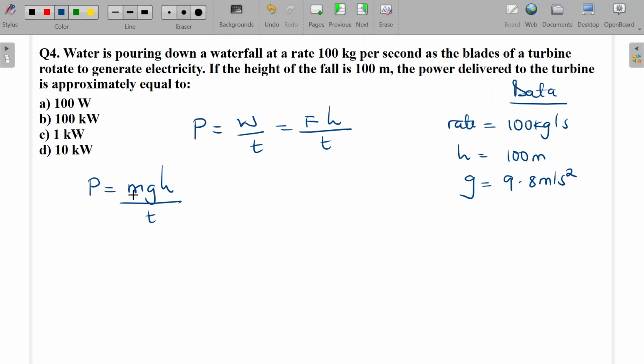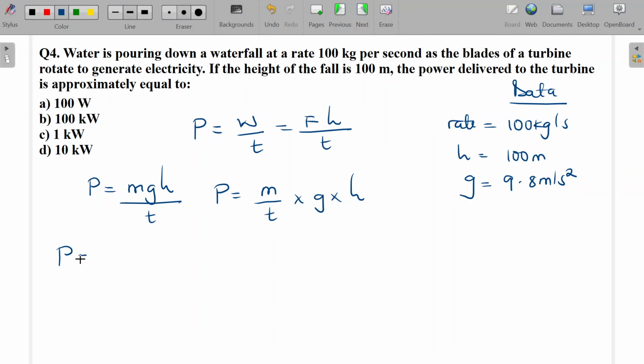Now here we have been given the mass and the time, because they've given us a rate, which is mass over time. This is the rate. So we're going to say m over t times the gravitational acceleration times the height, and that will give us our power.